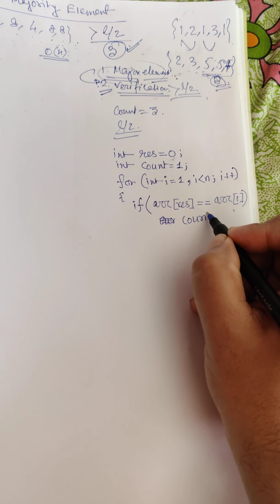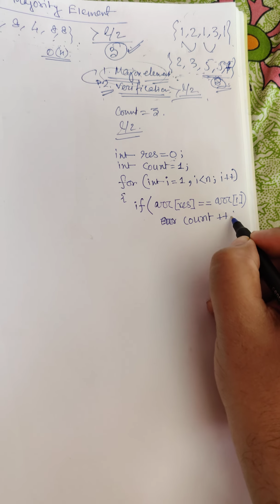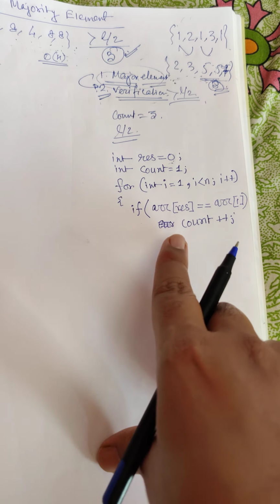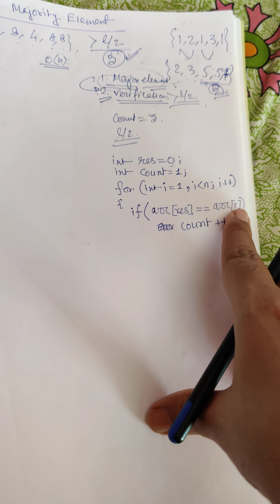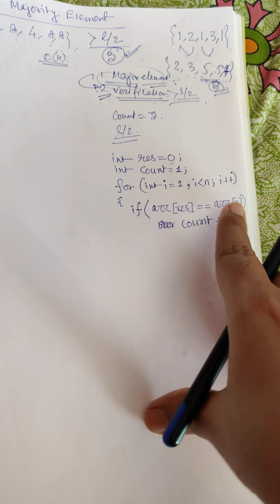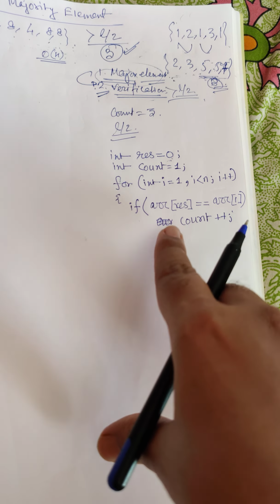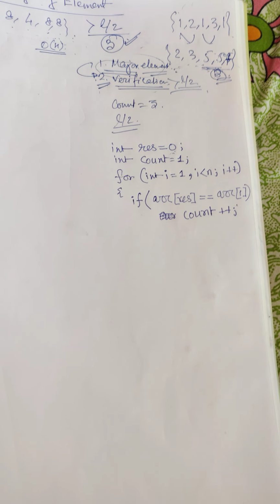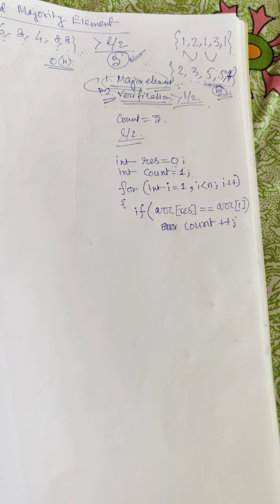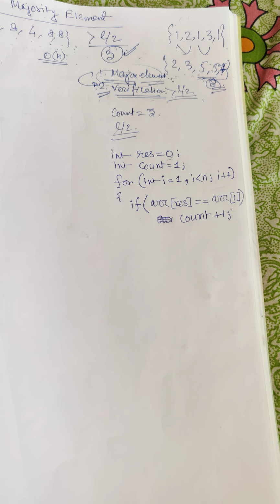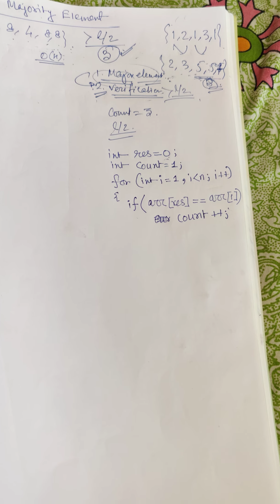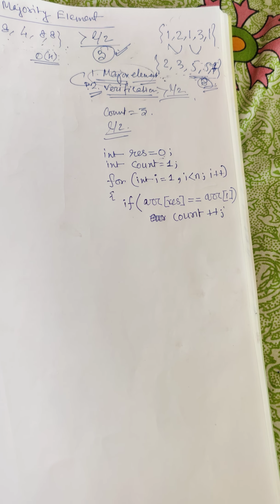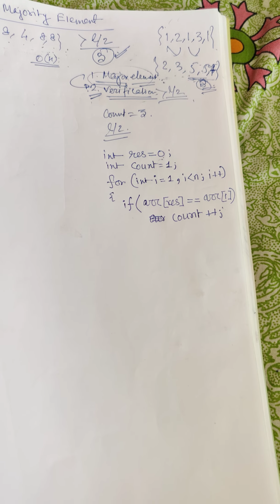The incrementation of this count value indicates the presence of this ith element, ensuring that he has got the power for being a leader, right? So we are actually counting the vote. That is very, very important.